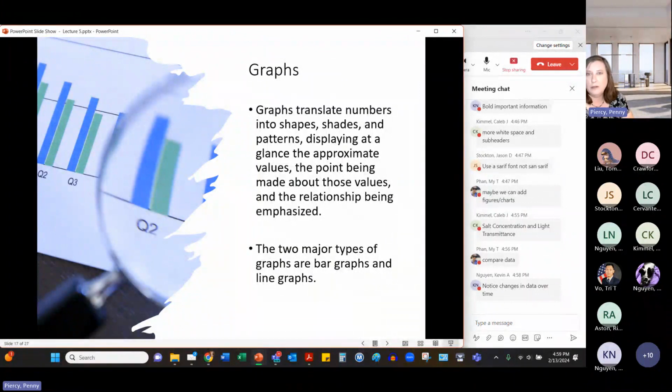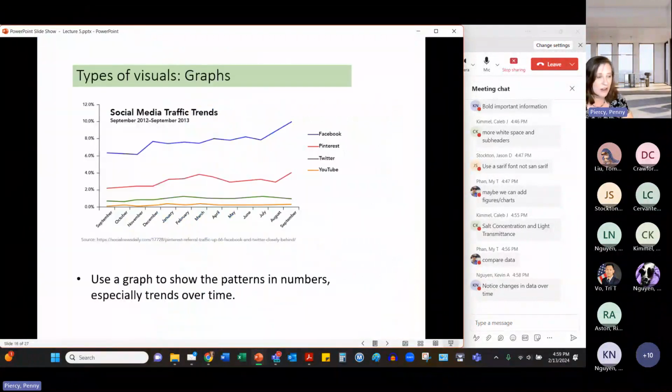It's really vital, though, with graphs to remember to label all the elements, because without a title or labels or scales of reference, a graph is meaningless, right? So if we look on the previous page at the graph here, if we had no numbers, for example, on the y-axis, we might think that there's a huge difference, for example, between Pinterest and Twitter.